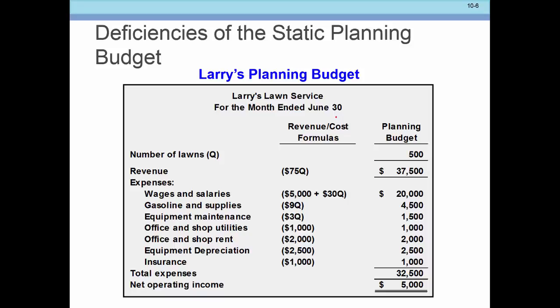Now, this is a perfect measure against how he actually does, assuming he mows how many lawns? 500.